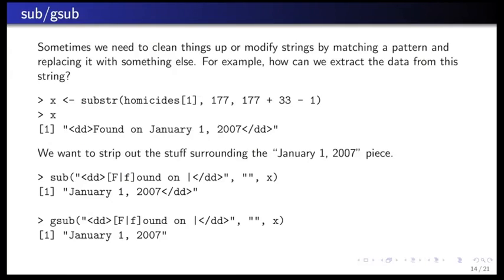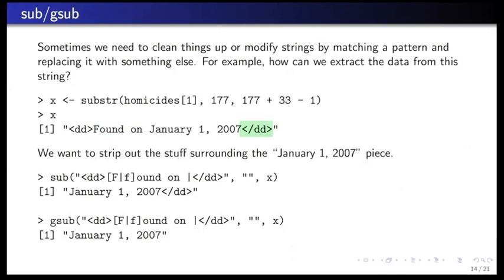All right, so now I still have this kind of garbage here, this DD tag here, this "found on" bit. So I want to extract that out. You can use the sub function or the gsub function to do that. I'm going to take this string, and I want to remove everything before the January, basically just remove this tag.